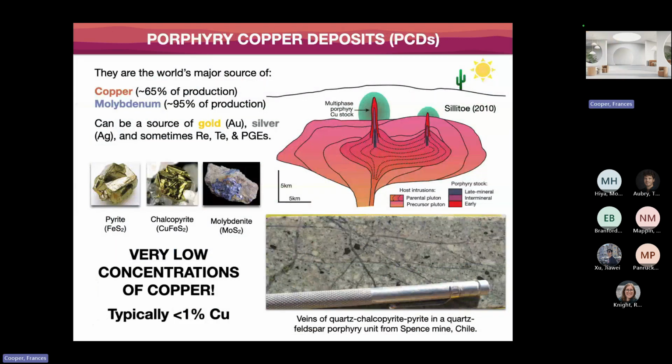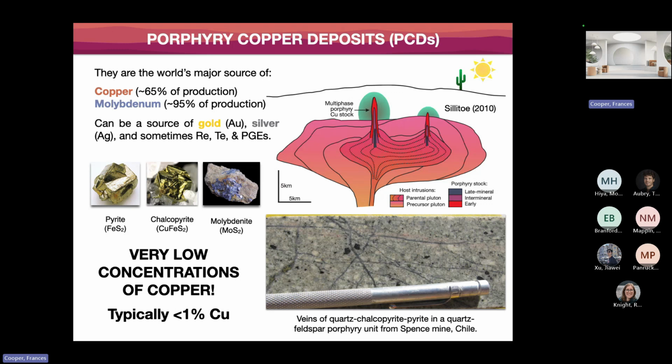So just a little bit more about what these systems are and how we think about them. As I already mentioned, they're the world's major source of copper. The amount that they produce varies depending on who you ask, but generally about 65 to 75% of production is from porphyry copper deposits, 95% of molybdenum production, and they can host other metals such as gold, silver, and sometimes things like rhenium, tellurium, and platinum group elements.